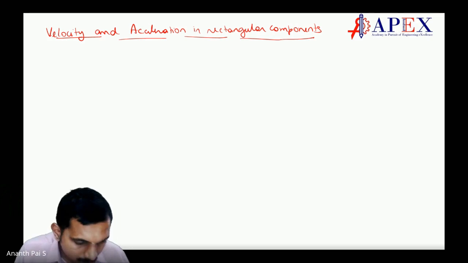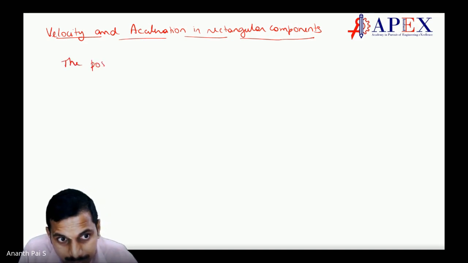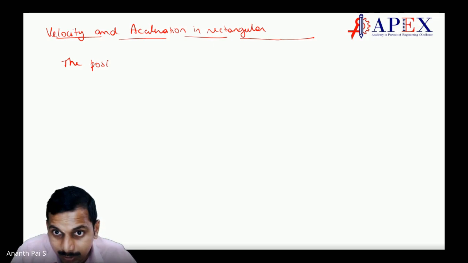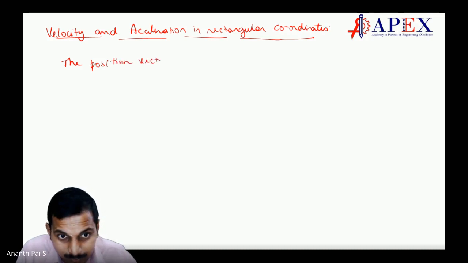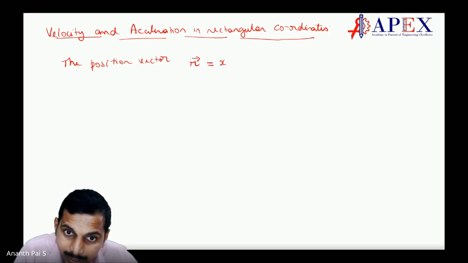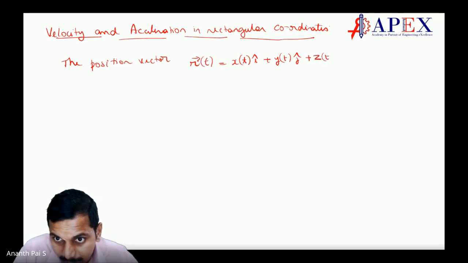First thing, if I consider the position vector in rectangular coordinates, or Cartesian coordinates, the position vector r of t can be written as x of t i plus y of t j plus z of t k.